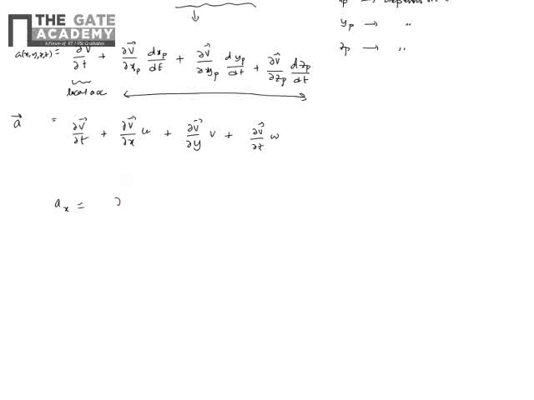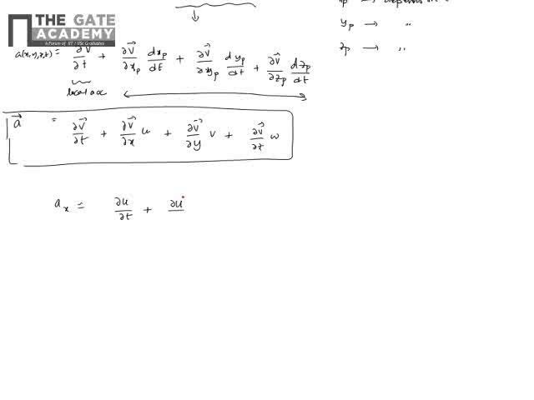Now the acceleration in the x direction will be dou u by dou t plus dou u by dou x times u plus dou u by dou y times v plus dou u by dou z times w. Since this is a general vector equation, when I write the x direction acceleration, I take the x component of the velocity vector everywhere.